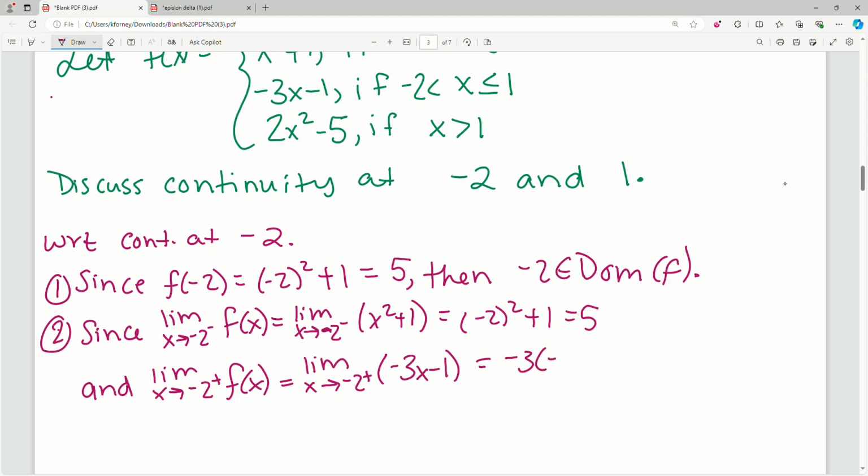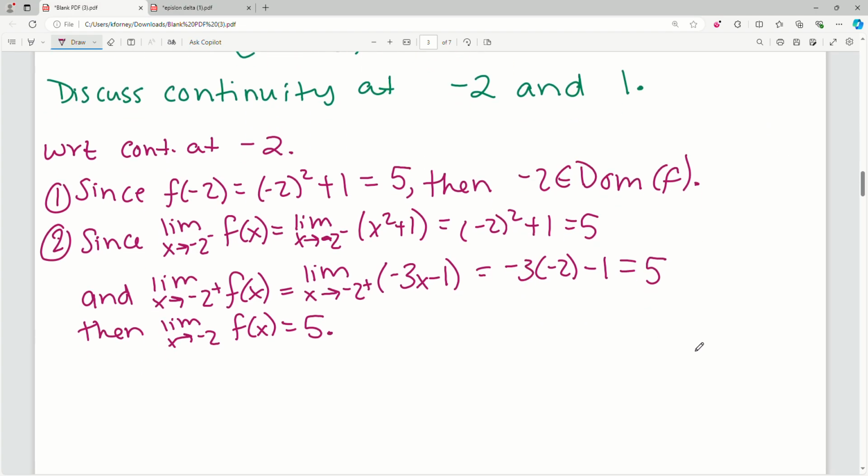So then when you replace it, negative 3 times negative 2 is 6, minus 1 is 5. So since they are the same, then we can say the limit as x approaches negative 2 of f of x is 5.